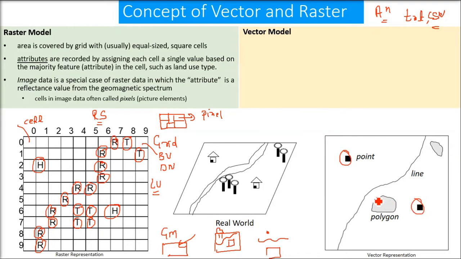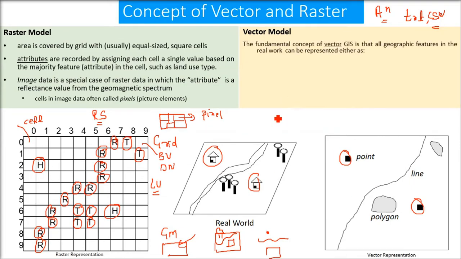Let us take these houses and say they are represented by points. Now take this line, say a road or a river, and draw it with a line, and say this area patch of green trees is a polygon. So in the vector model, the fundamental concept of vector GIS or vector data is that all geographic features can be represented in these three forms.